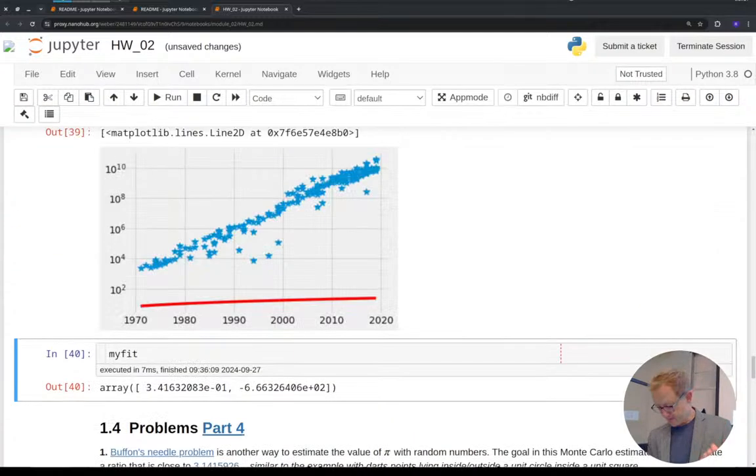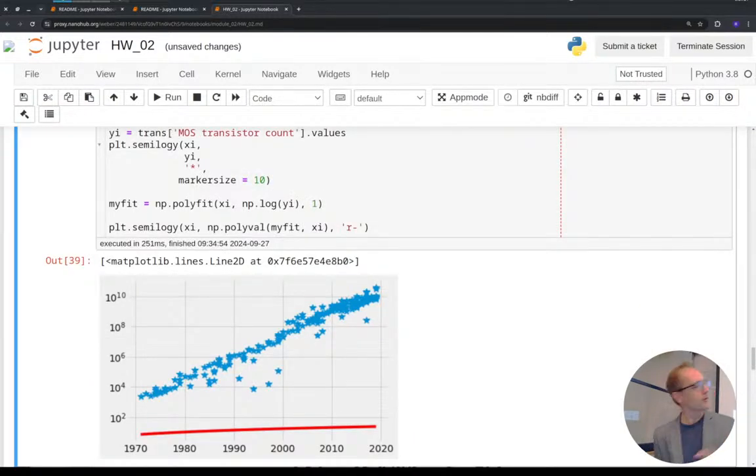Yeah. So I went through the process of taking the log of the data and then doing a fit, but I didn't put that fit back into big numbers again. It's still a best fit on a log scale. So instead, what I want to do is also say this is going to be the exponent of all that stuff.